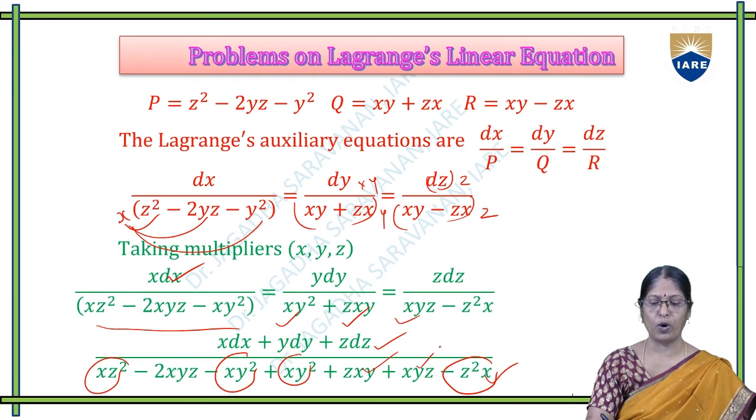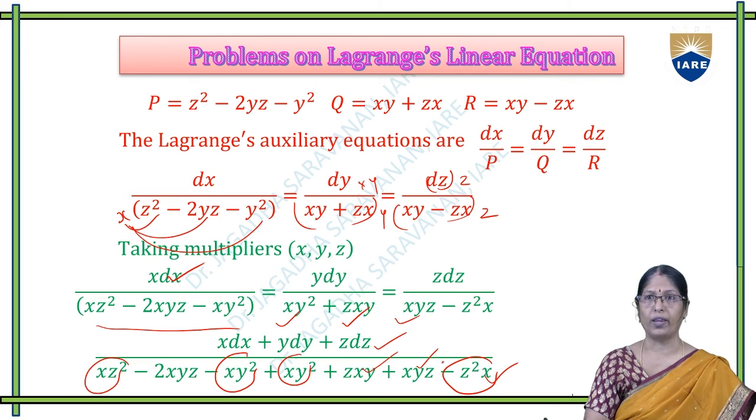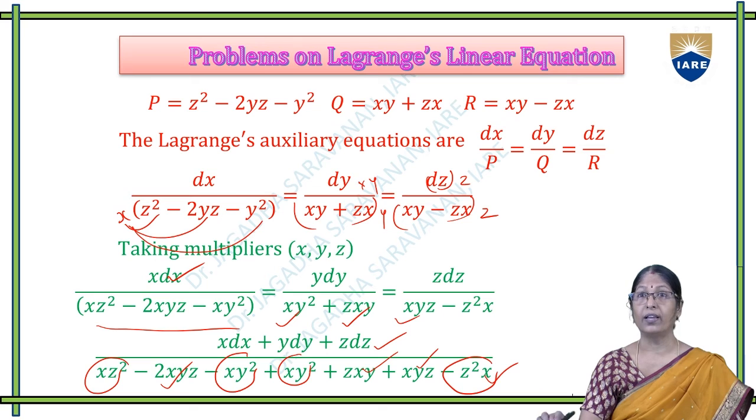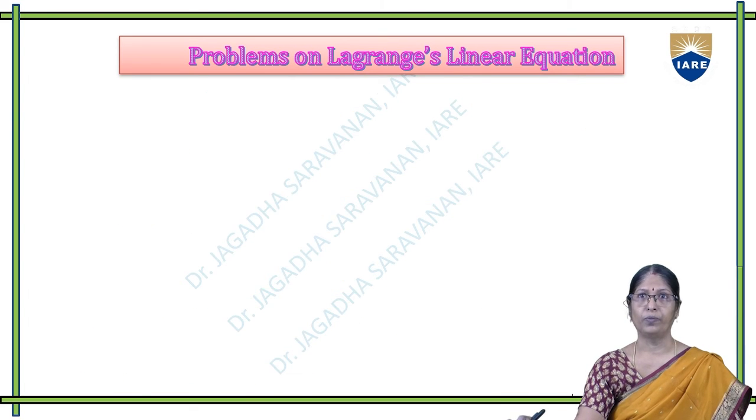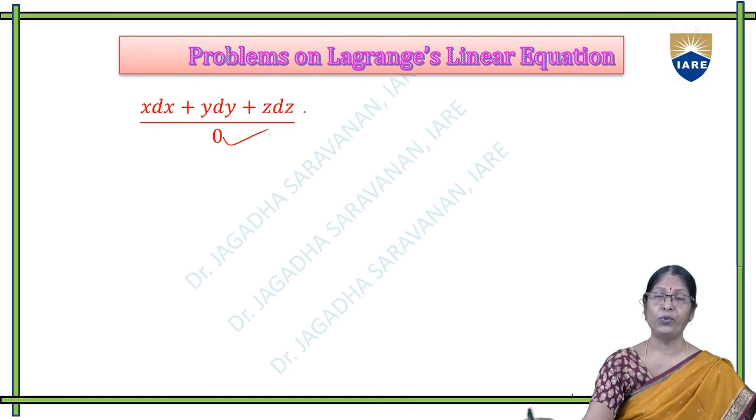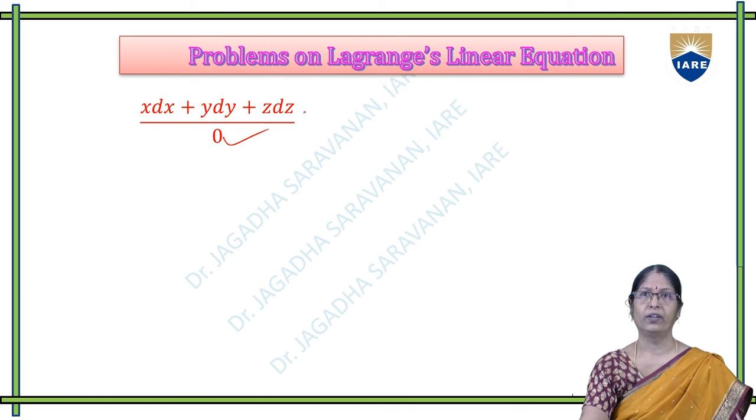Here we can see zxy is there, here also zxy, and 2xyz, here minus 2xyz. They are getting cancelled completely. Our denominator has vanished and the result is 0. We must get the result 0, then only it is fit for what we selected. The multipliers are correct. So we get x dx plus y dy plus z dz divided by 0.